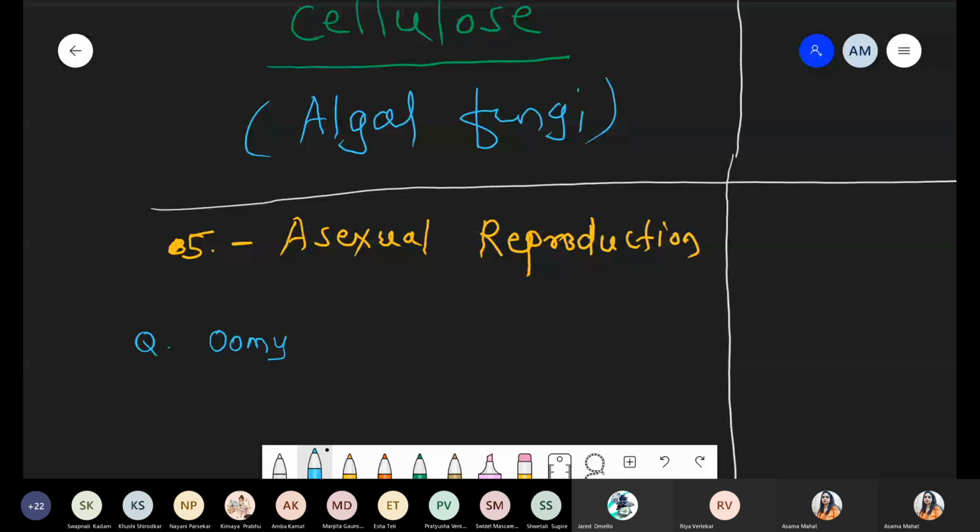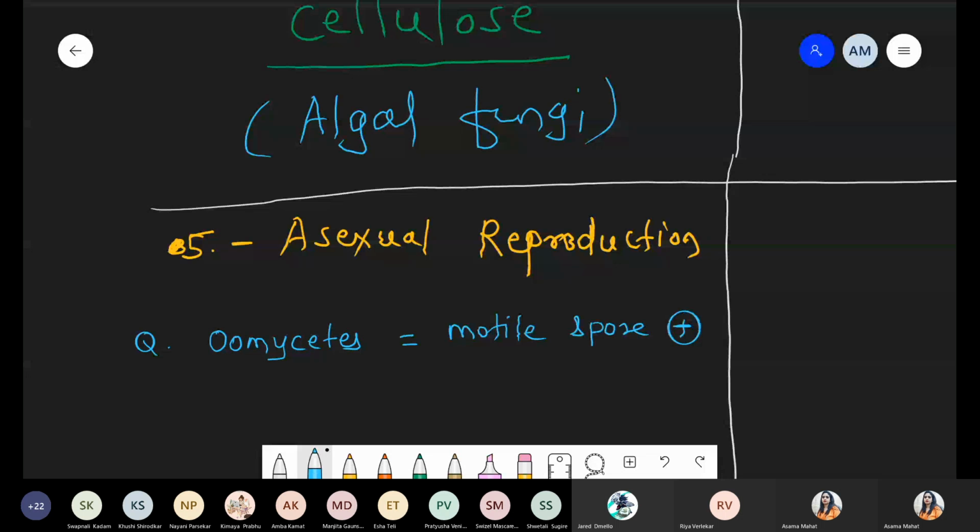Oomycetes are the one and only class belonging to kingdom fungi where motile spores are present. Motile spores are present only under the oomycetes, right?